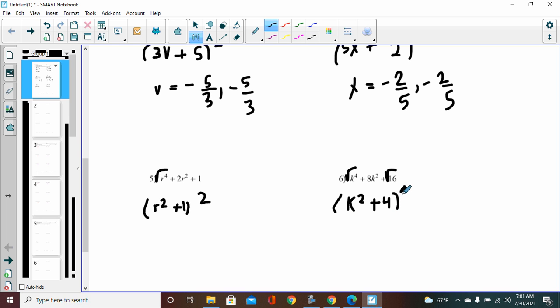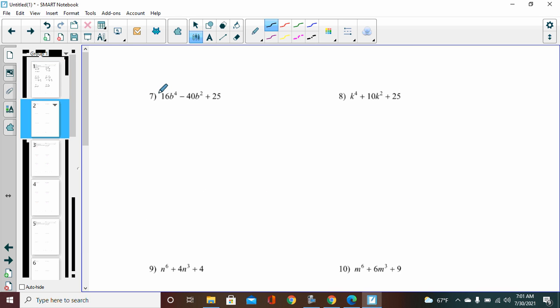Okay, right here, take the square root, take the square root, add 4b's to the fourth, minus 5, and I'm going to square it. Remember, I'm getting the minus from the middle term.